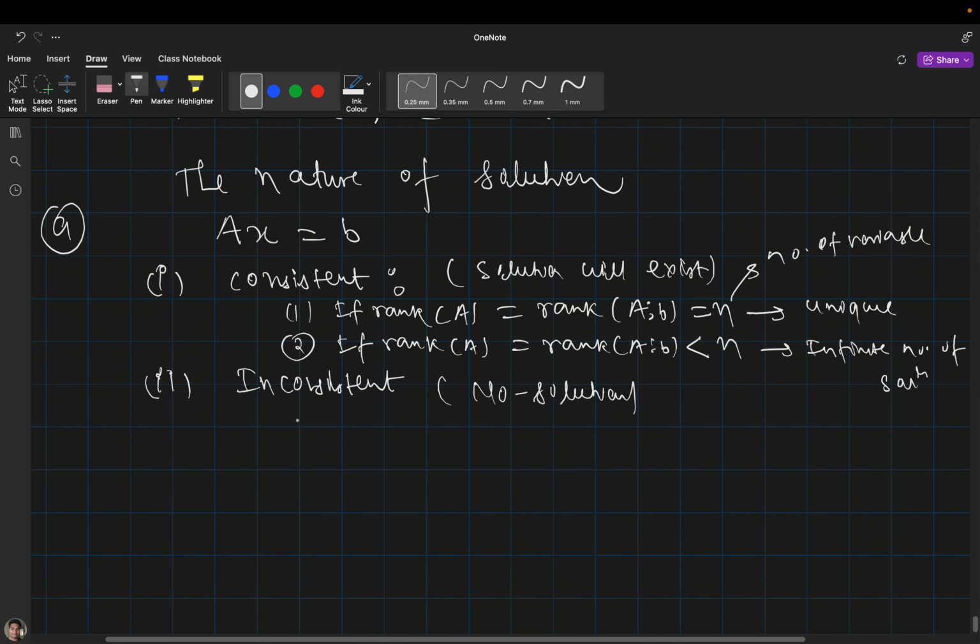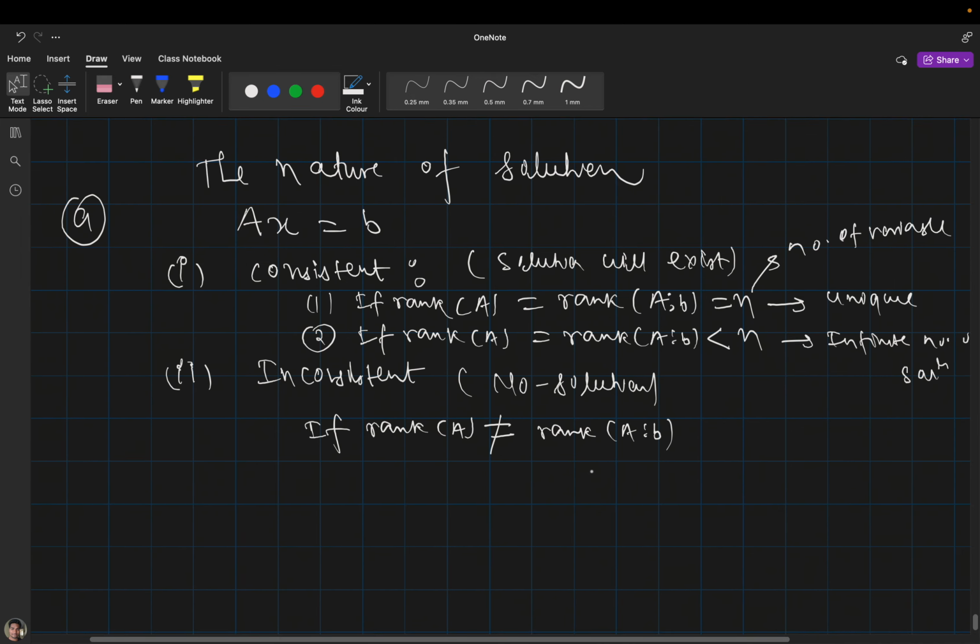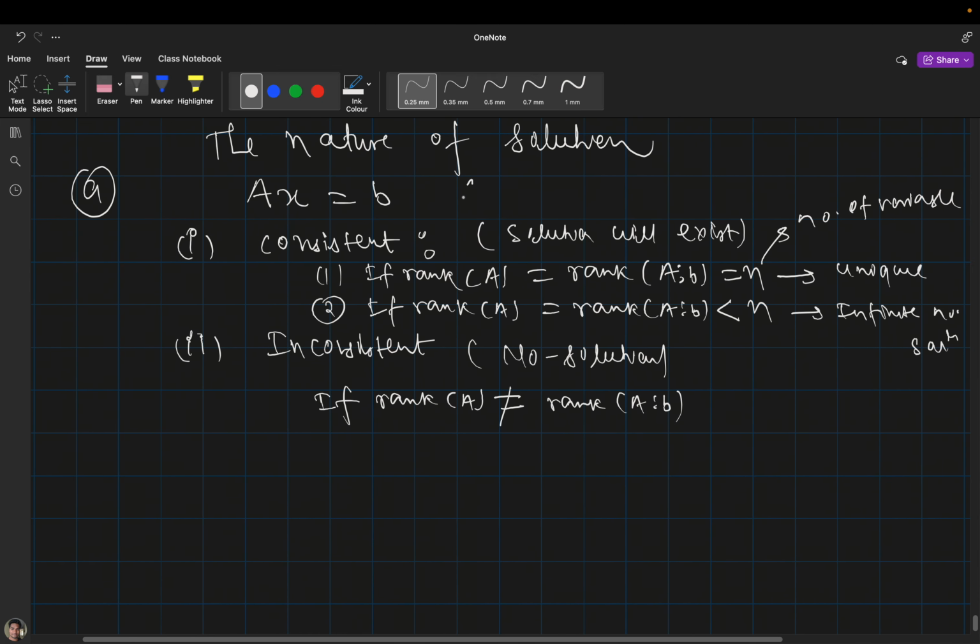In the case of inconsistent, the rank of A is not equal to rank of [A|B]. This is the first case, if it is inhomogeneous.